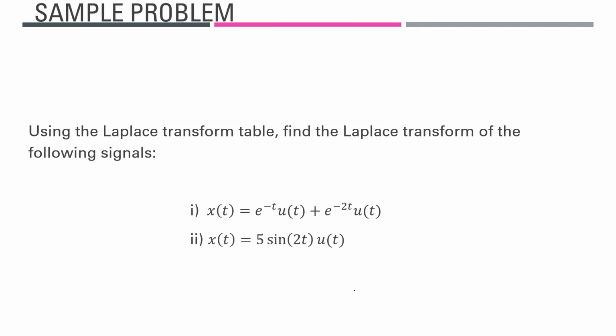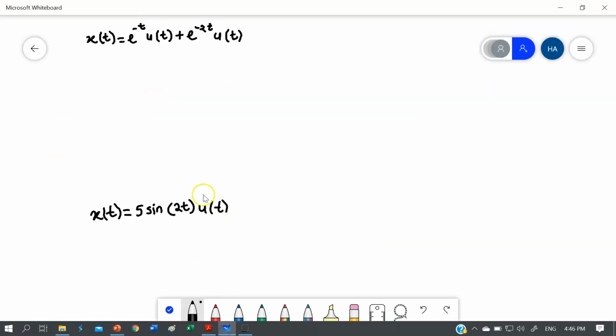Let's have a look at two problems where you are asked to determine the Laplace transform of these two signals using the Laplace transform table. These are the two equations.